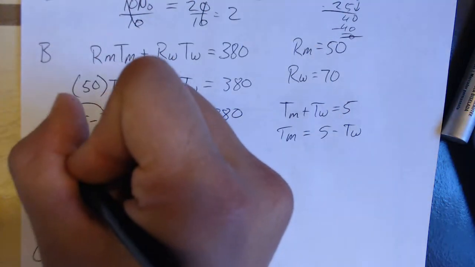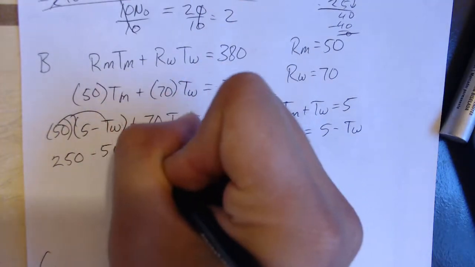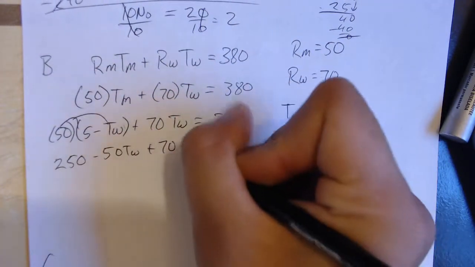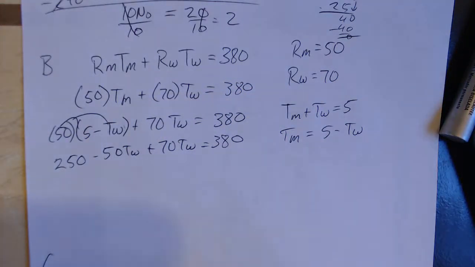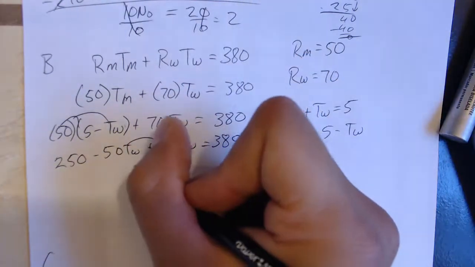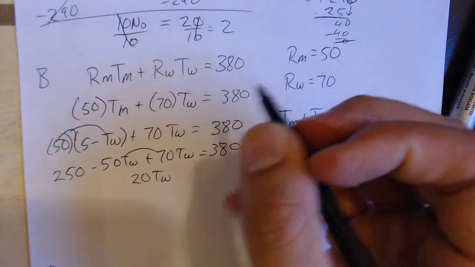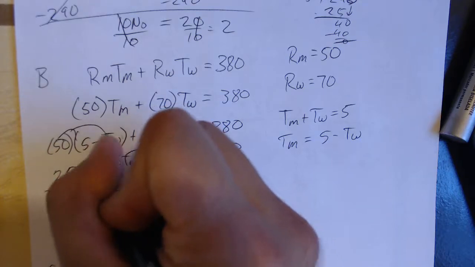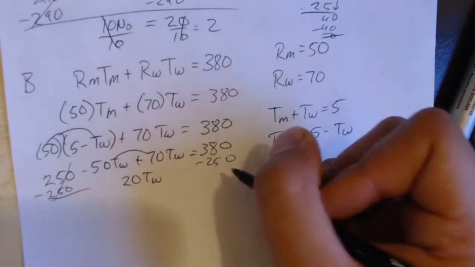So I distribute. 50 times 5 gives me 250 minus 50 Tw plus 70 Tw equals 380. These two combine as 20 Tw. And then I want to subtract 250 from each side to eliminate that one.